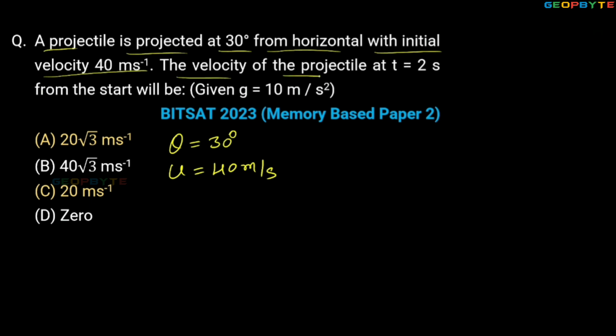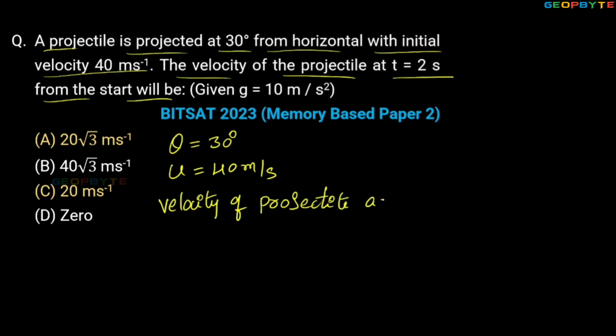The velocity of the projectile at t equal to 2 seconds from the start will be. What is the velocity of the projectile after t equal to 2 seconds? Given acceleration due to gravity 10 meter per second square.